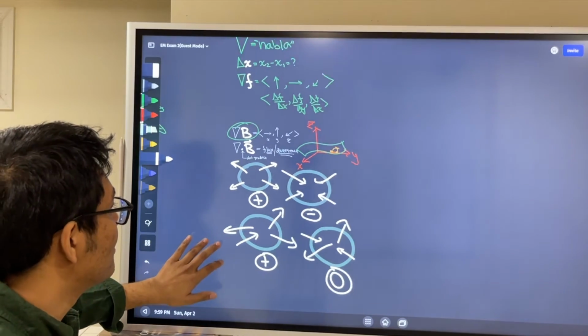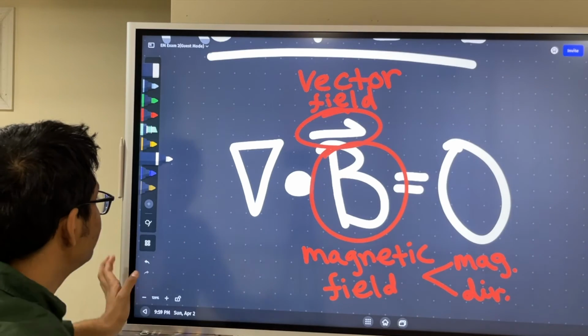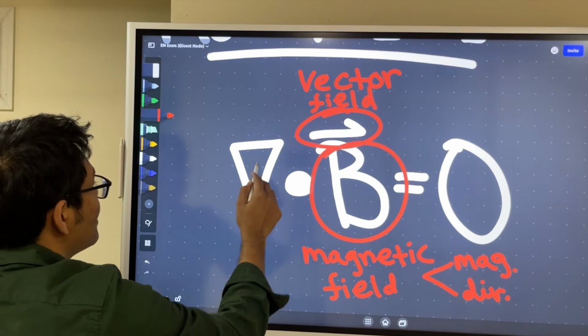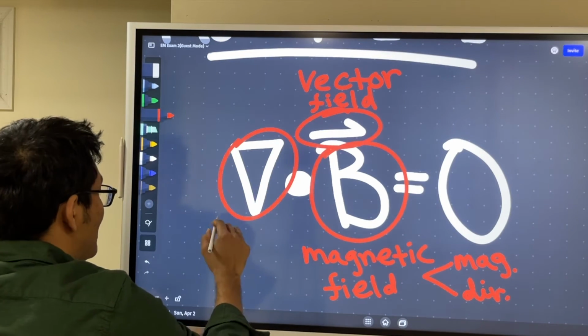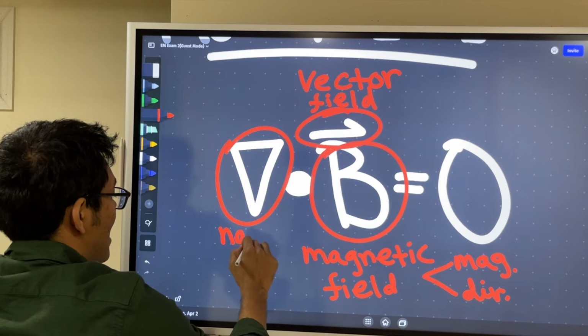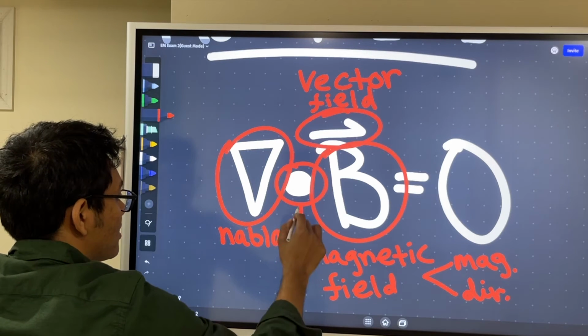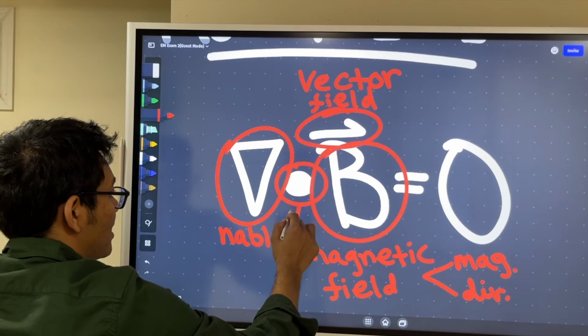So that's the idea. That is what every symbol here means. This right here, this upside down triangle, that's the Nabla operator. Let me draw that with some space. This right here is the dot product of the Nabla operator with the magnetic field.